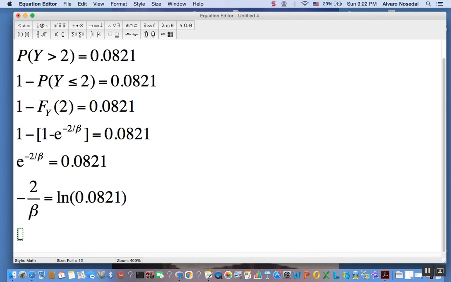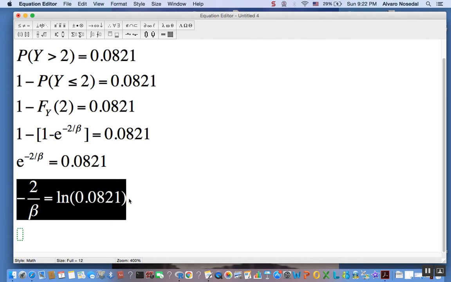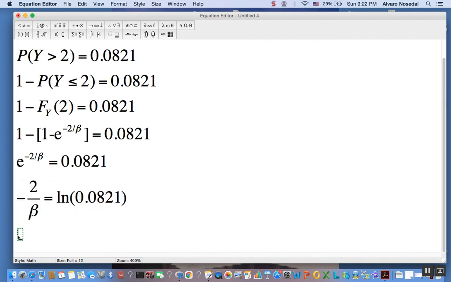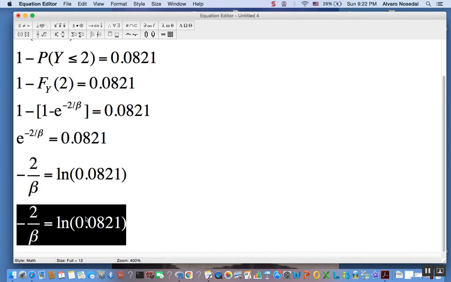Okay, so now what we want is just to solve for beta. We could multiply by beta on both sides and then divide by the natural log of 0.08 to 1, and then we're done, right? So let me do that. Let me copy paste this and then rearrange the terms.